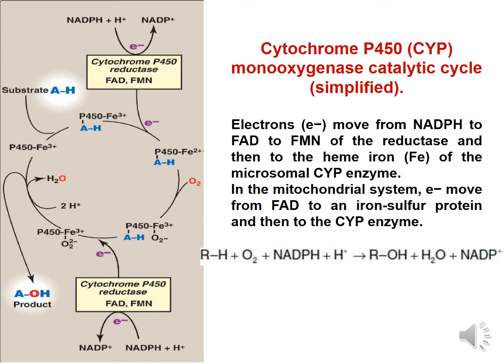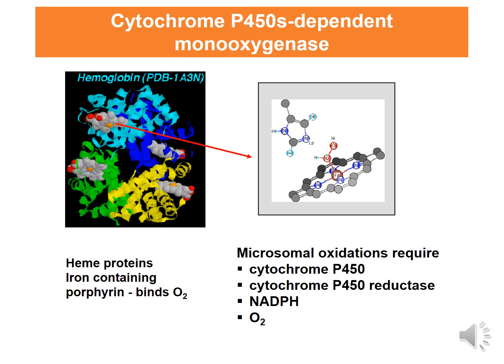Cytochrome P450 monooxygenase enzymes are actually a superfamily of related heme-containing monooxygenases that participate in a broad variety of reactions. The P450 in the name reflects the absorbance at 450 nanometers by the protein. So, microsomal oxidation requires cytochrome P450, cytochrome P450 reductase, NADPH, and oxygen.